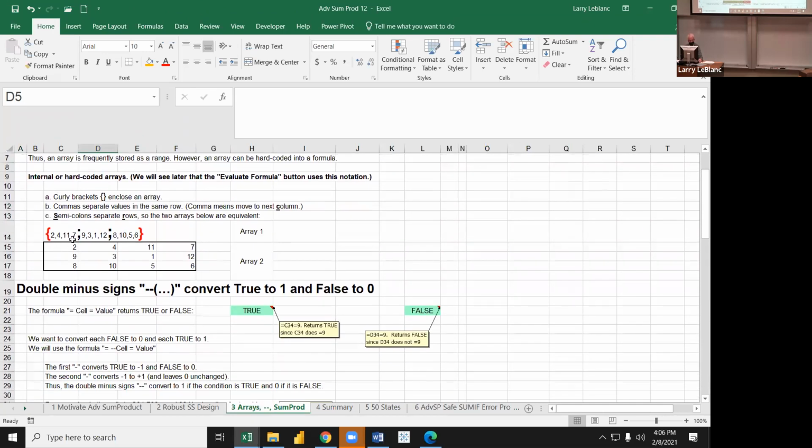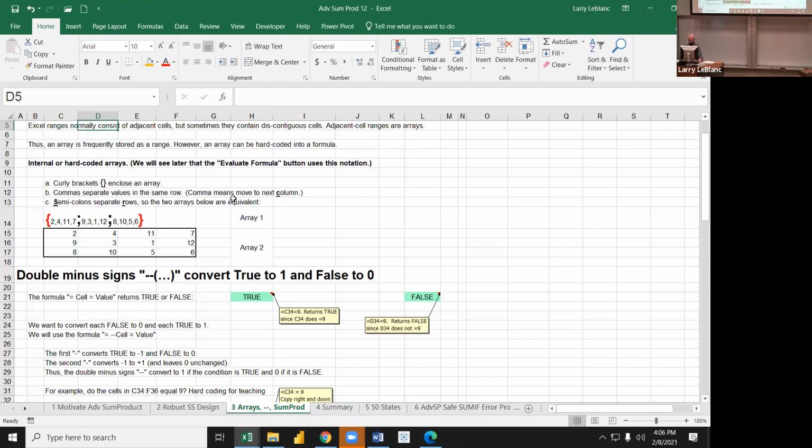When you use the Evaluate Formula button, it's going to give you the notation, open curly brace, and then it will give you some numbers separated by commas and semicolons. The semicolon is the stronger punctuation mark. Two ways of writing the same array. 2, 4, 11, 7 is the first row.